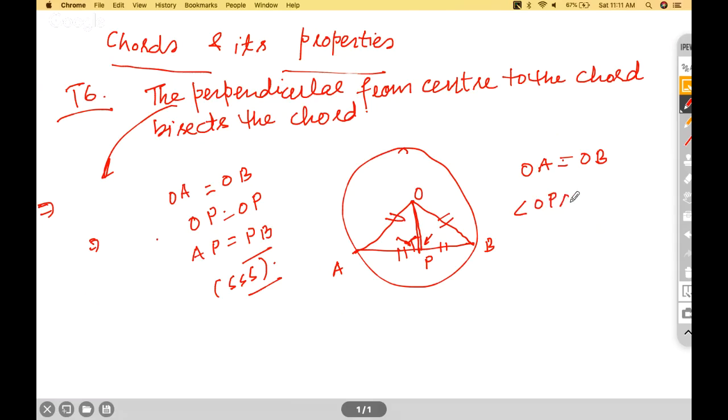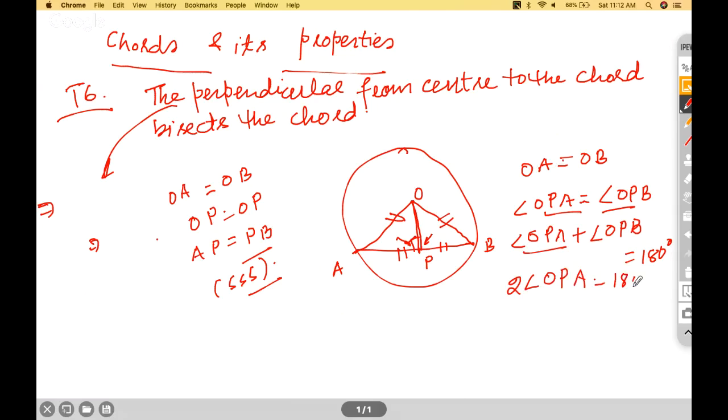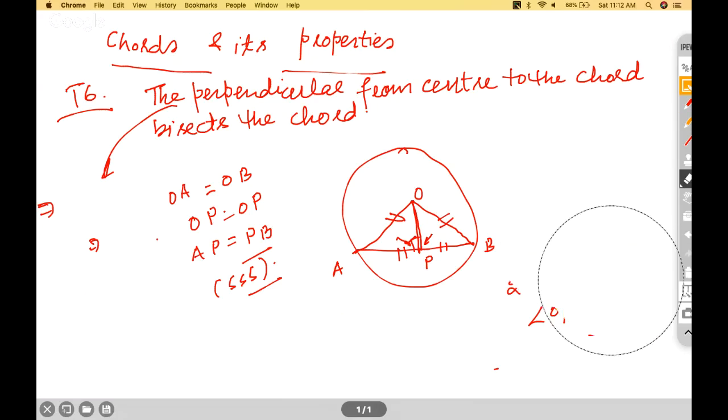So angle OPA is equal to angle OPB, and I know that angle OPA plus angle OPB is equal to 180 degrees, and these are equal. So you can say that 2 OPA is equal to 180 degrees, or angle OPA is equal to 90 degrees. As simple as that. So that is how you have to do it.